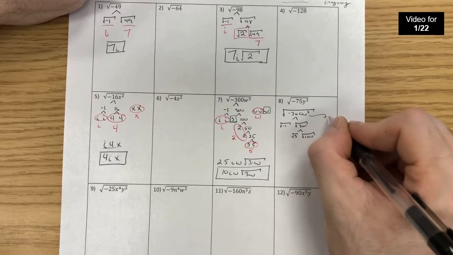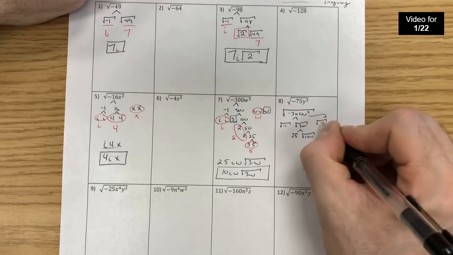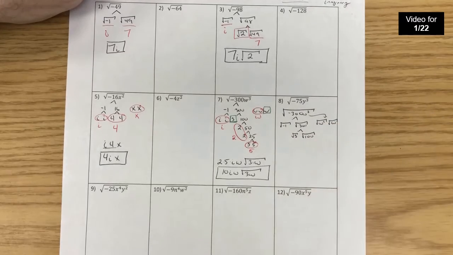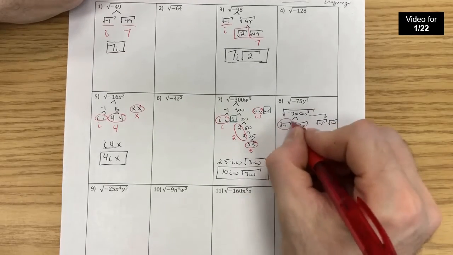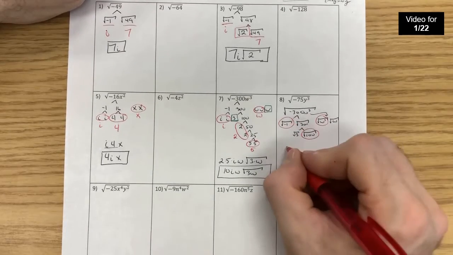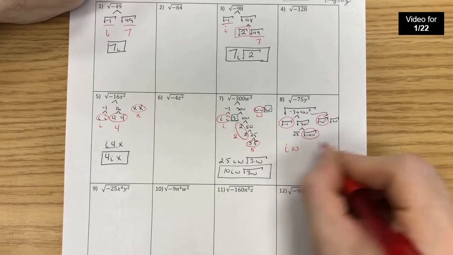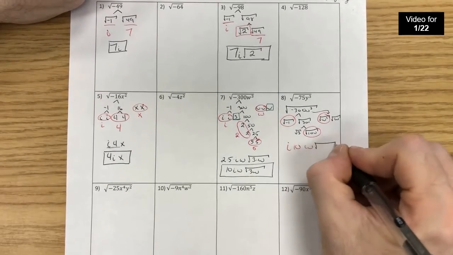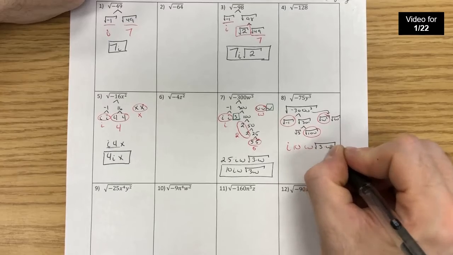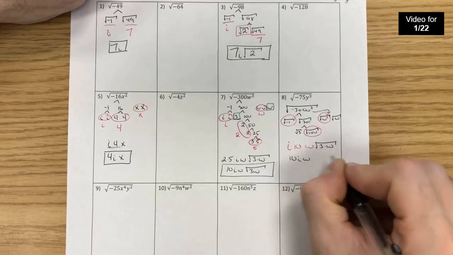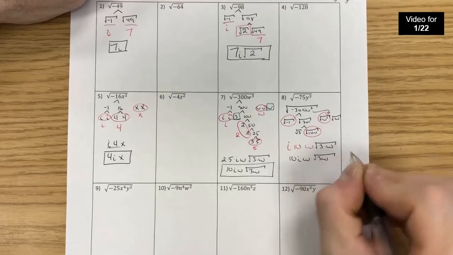This is going to be the square root of W squared and the square root of W. I know that I can break down 3 of these roots. That's going to give me an I, that's going to give me a 10, that's going to give me a W. I have to leave behind the 3 and the W. In this case, I have a 10IW square root 3W.